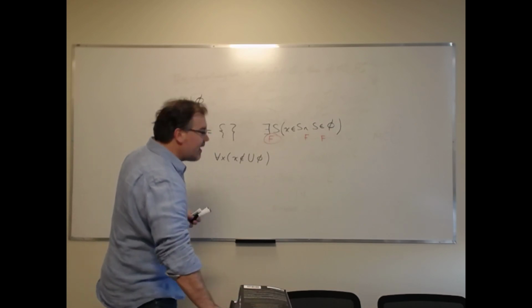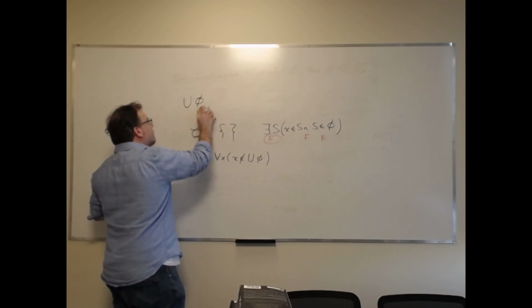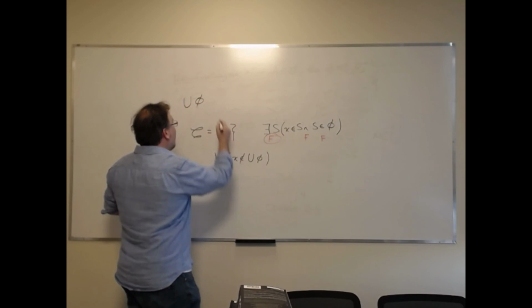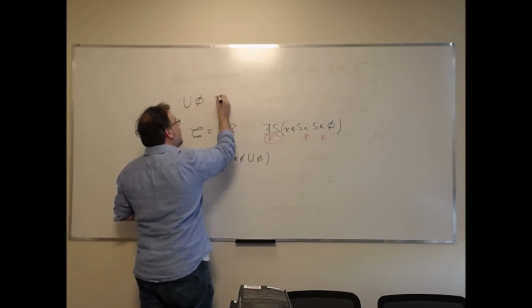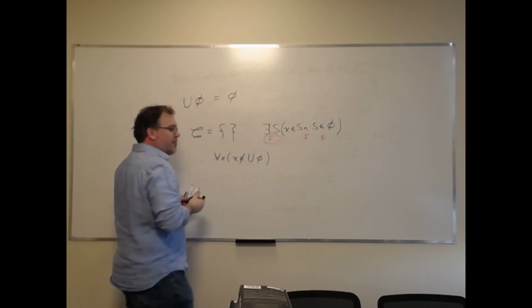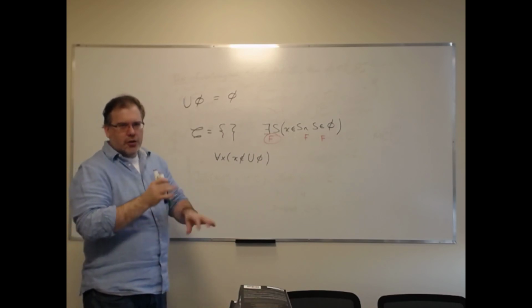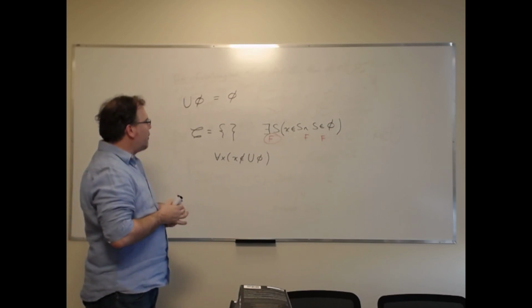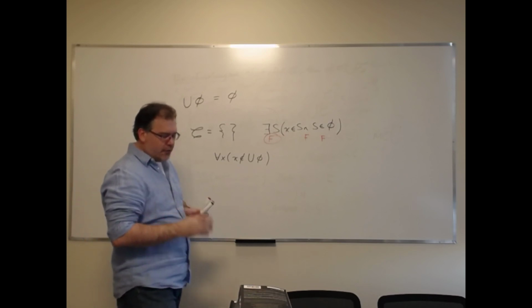Another way of saying that is to just say, well, the union set of the empty collection is itself the empty set. The more rigorous proof is given in the notes. I just wanted to give you the idea.